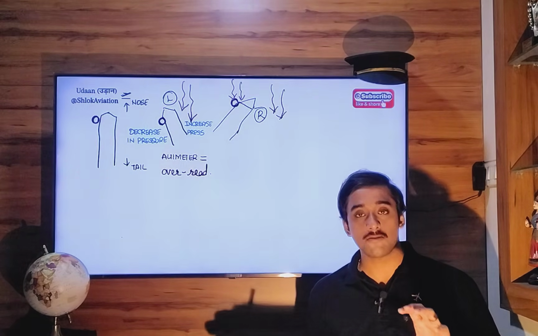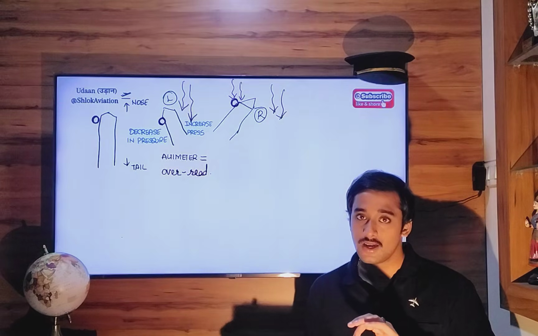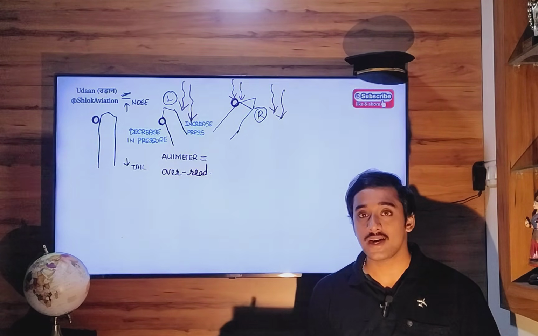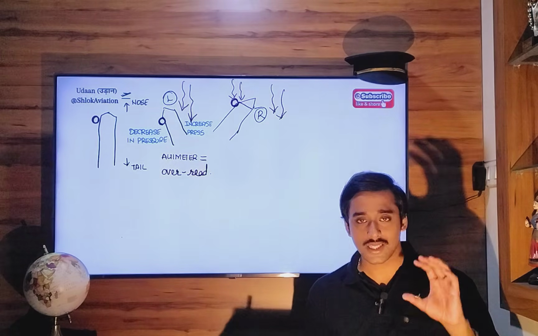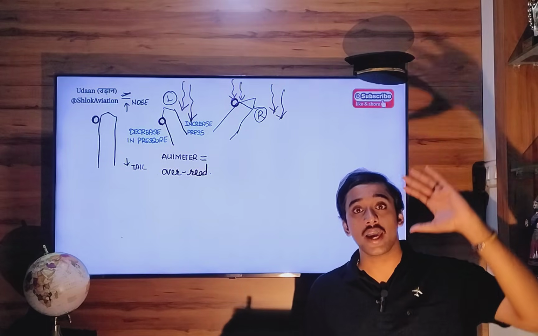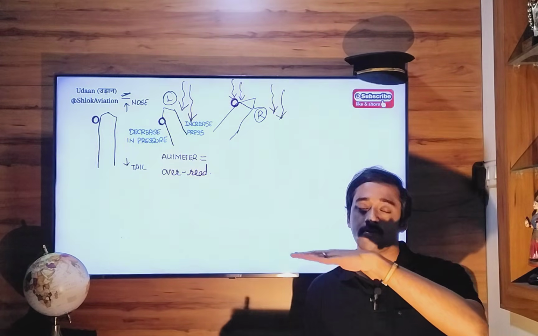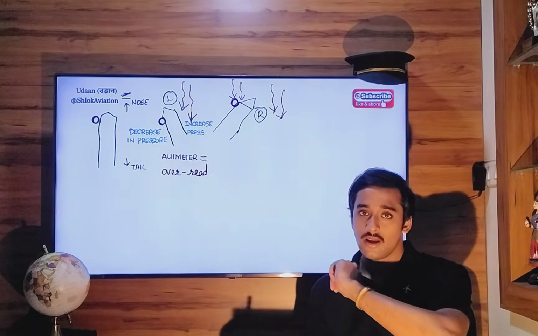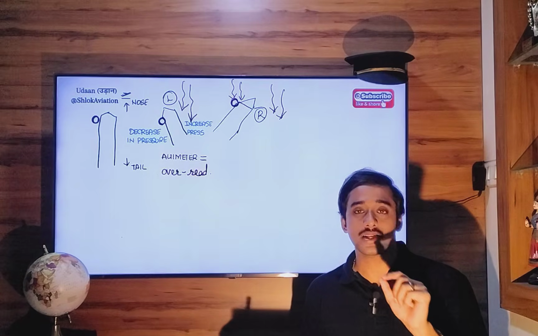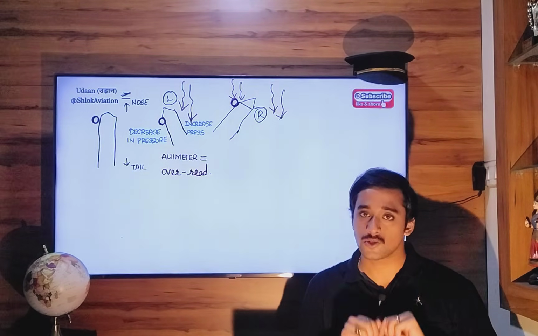So if this static port, which is on the left side, registers a lower static pressure, lower than expected, that means it will overread. Why will it overread? Because lower static pressures are expected to exist at higher altitudes, right? So your aircraft may be flying straight at 5,000 feet, tilted left-hand side. It is flying at 5,000 feet, but the static pressure sensed by the static port is lower than the pressure existing at 5,000 feet.